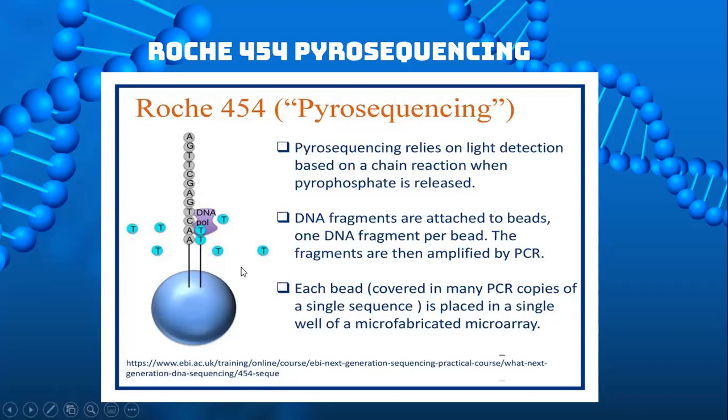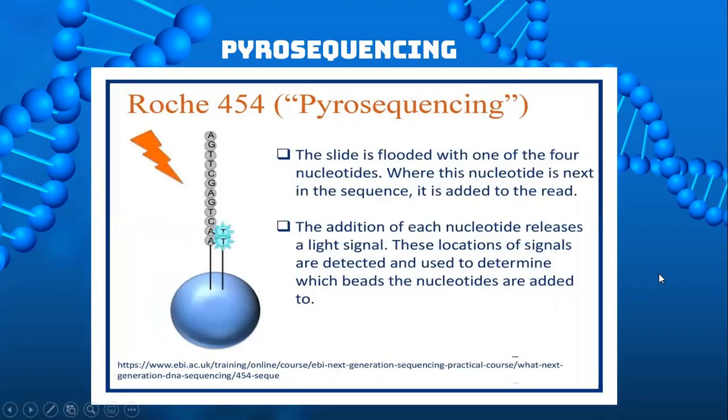Each bead is covered in many PCR copies of a single sequence, and then it is placed in a single well of a microfabricated microarray. Then the slide is flooded with one of the 4 nucleotides, and the addition of each nucleotide releases a light signal, and the locations of the signals are detected and used to determine which beads the nucleotides are added to.